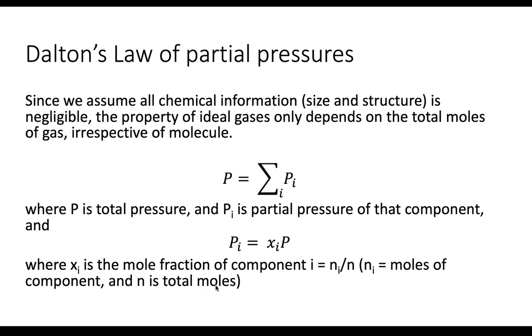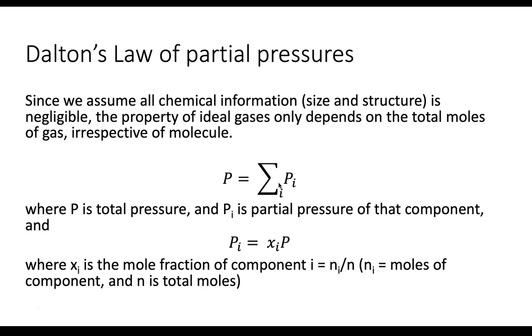All right, so that allows us to then state Dalton's law of partial pressure. This is kind of a sidebar here, which is basically that the total pressure of a mixture of gases. Now, this is where we go back and say, hey, the intermolecular forces are not important. If intermolecular forces aren't important, then the actual identity of the gases isn't important. It only depends on the total moles of gas.